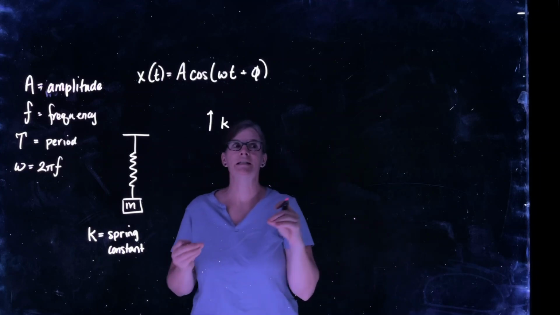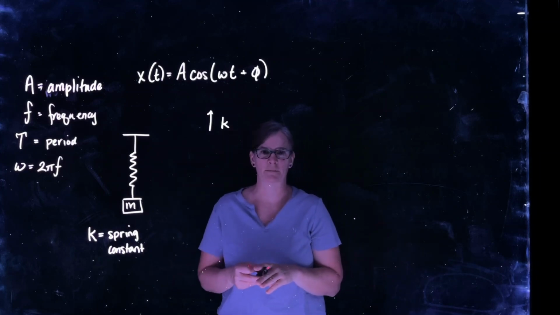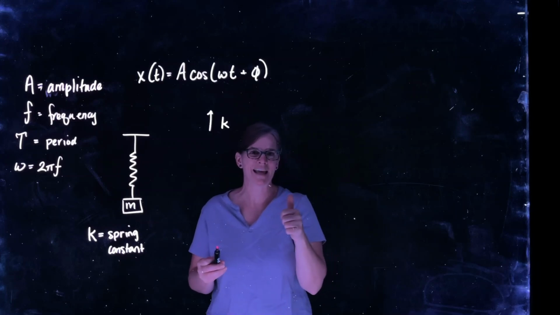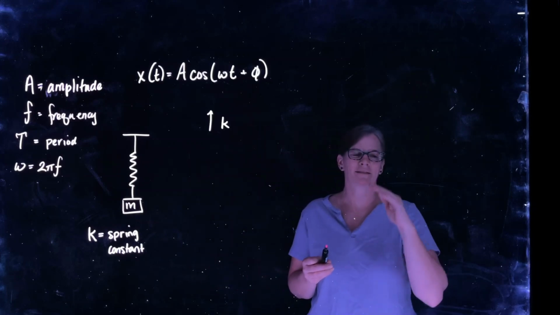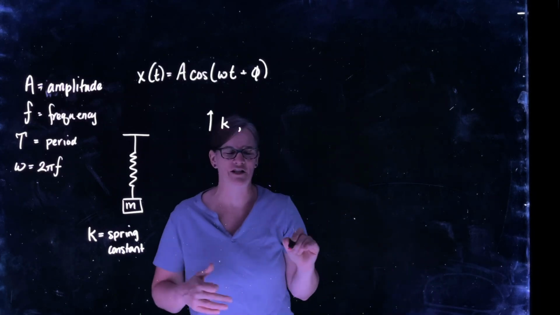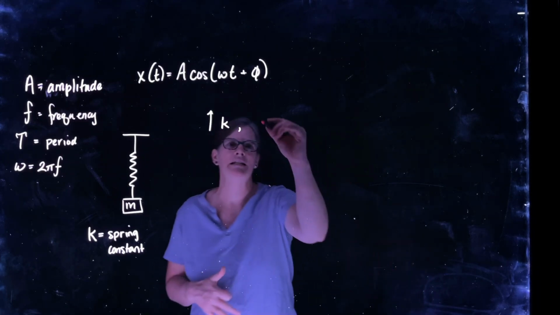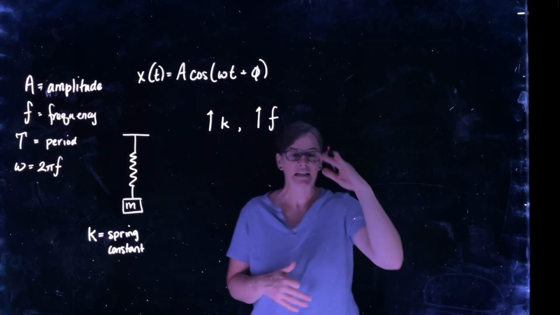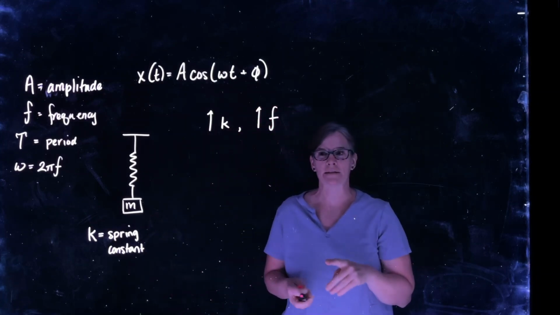Or does it decrease how long it takes for it to make a cycle? Do I get faster oscillations if I increase k? Or do I get slower oscillations if I increase k? Well, it turns out we get faster oscillations. So if I increase the spring constant, the tightness of the spring, I increase the frequency. I get faster oscillations.